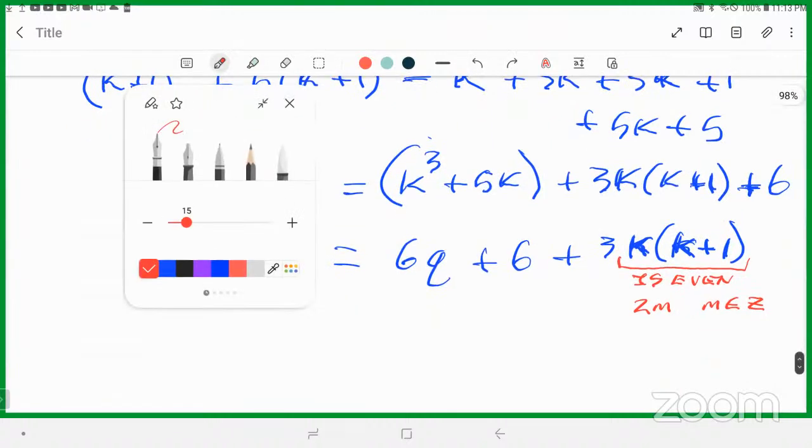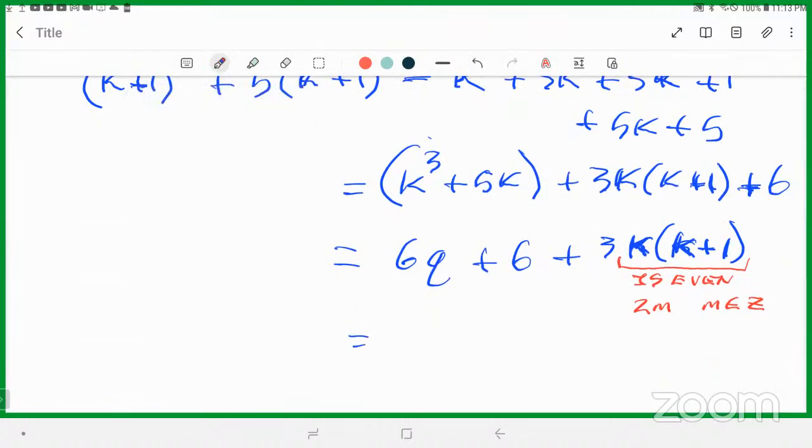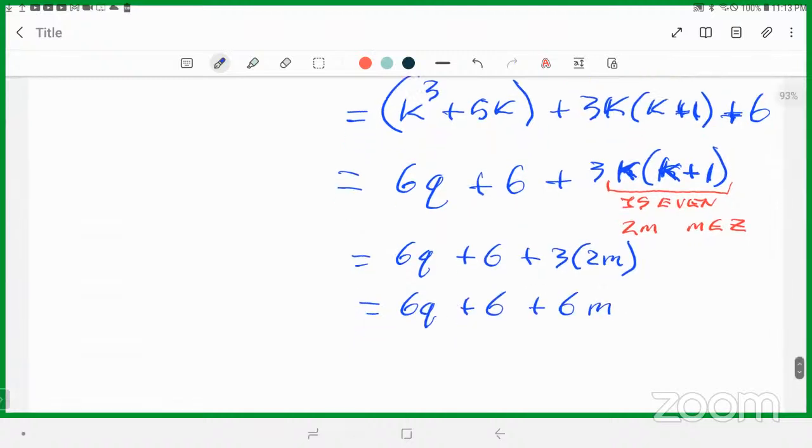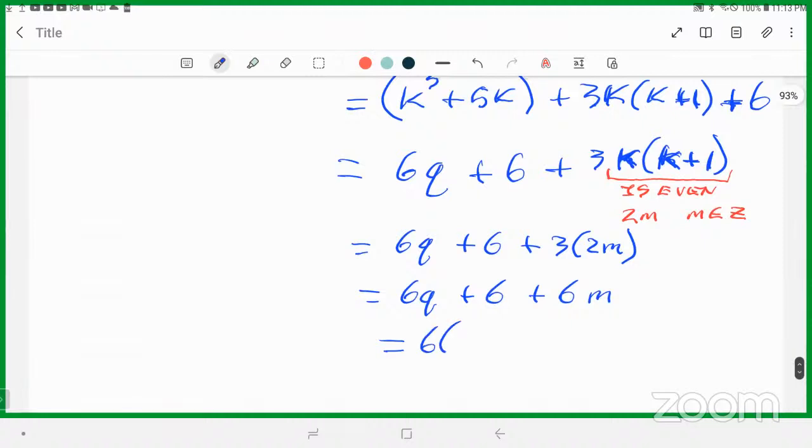That's it. When I do that, I get 6q plus 6 plus 3 times 2m. Here's my 6. Beautiful. 6q plus 6 plus 6m. 6 into q plus 1 plus m.